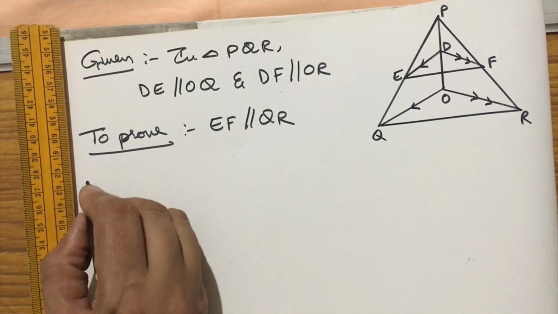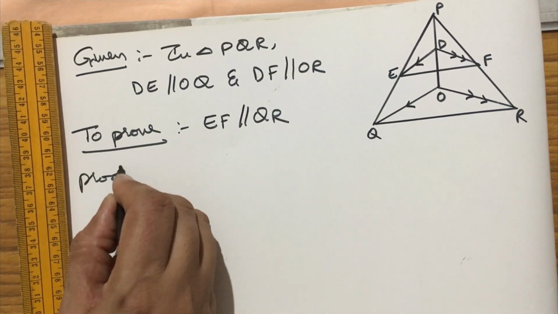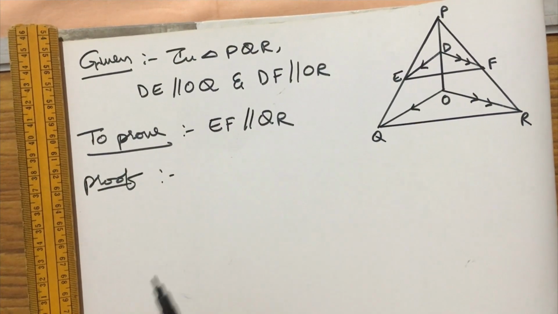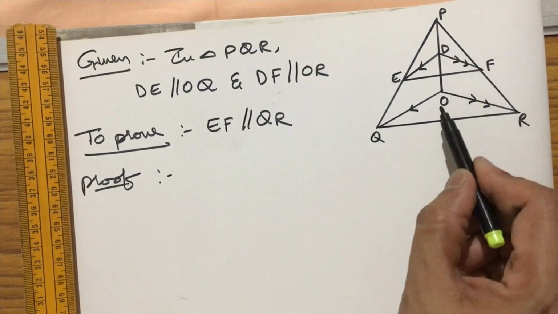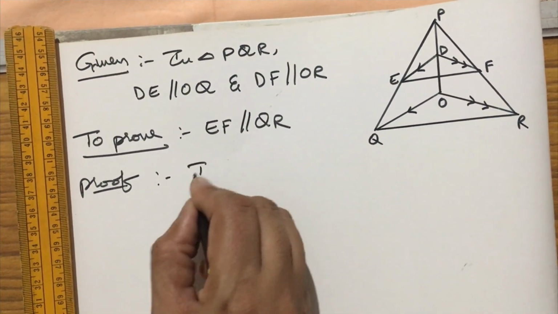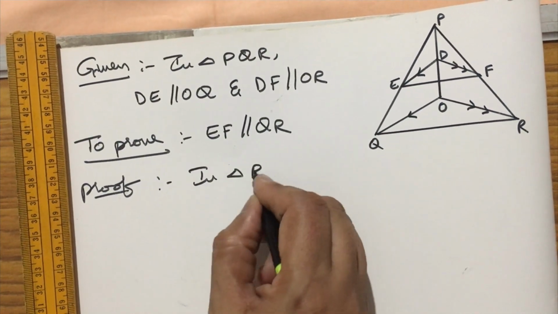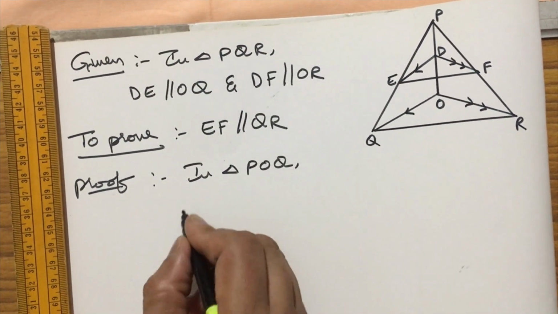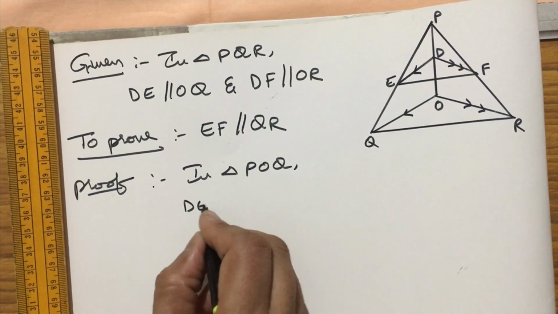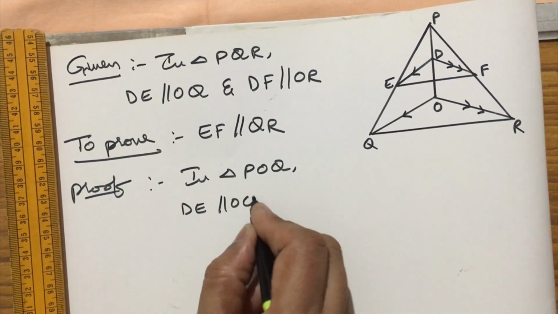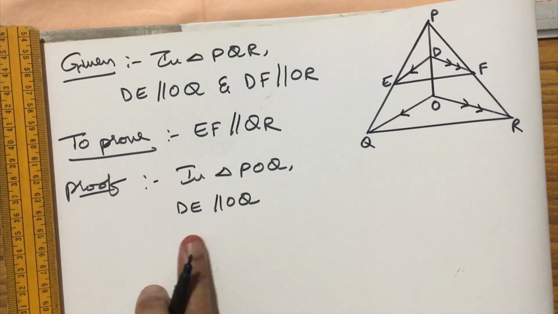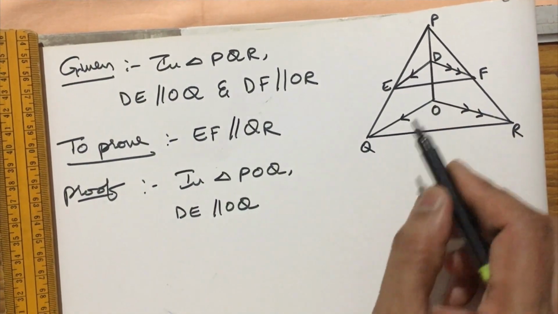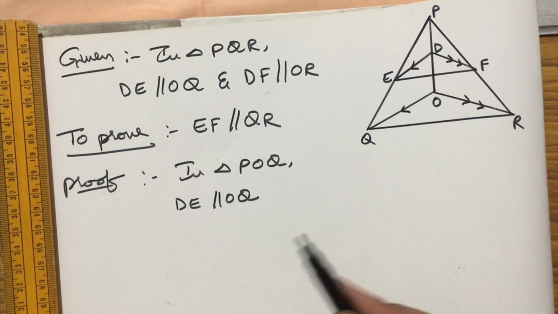So let us see. Coming to the proof, I am taking this triangle POQ. In triangle POQ, this DE is parallel to OQ. So immediately when a line is drawn parallel to one side of a triangle, you have to recall the statement of the BPT theorem.